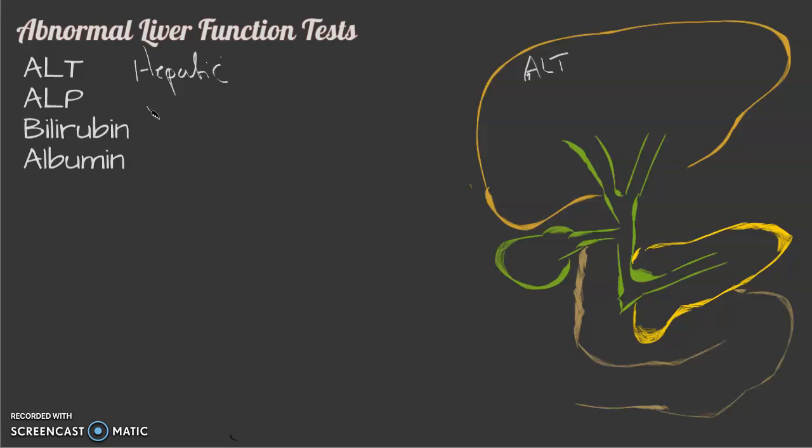The second enzyme, ALP, is more concentrated in the biliary tree, specifically contained in the bile epithelial cells.